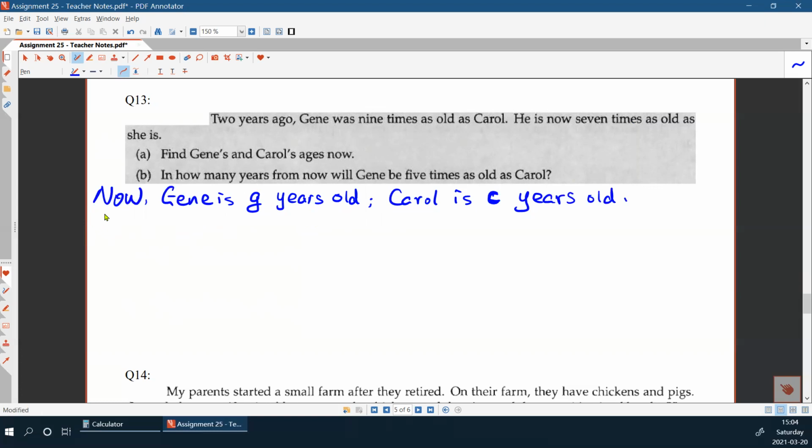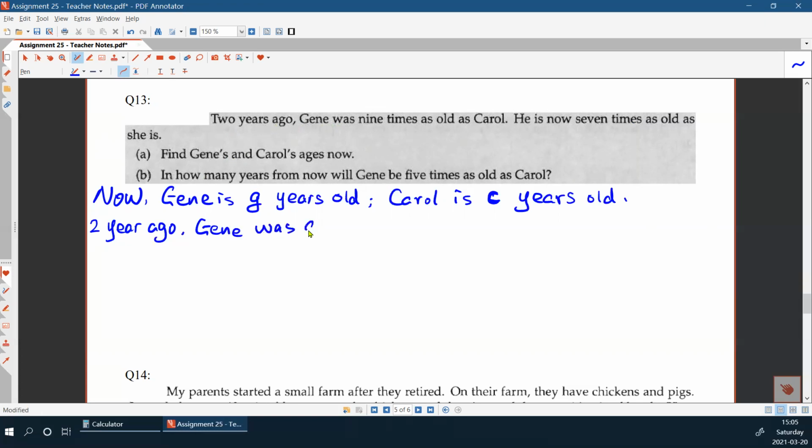Okay, so 2 years ago, we're gonna use some information from 2 years ago, right? So that means 2 years ago, you can list the ages of these 2 persons.